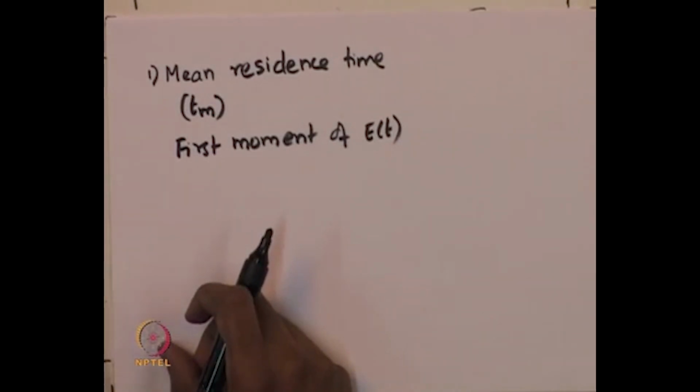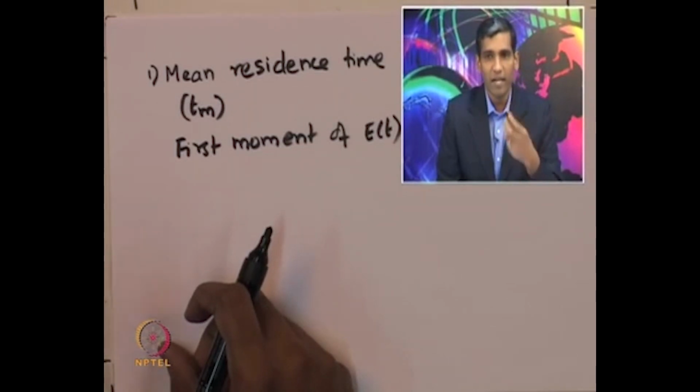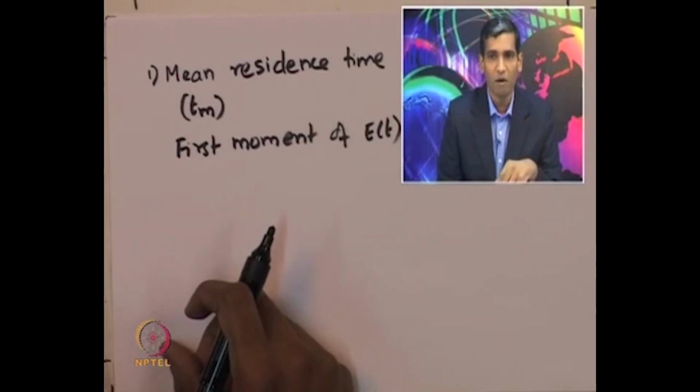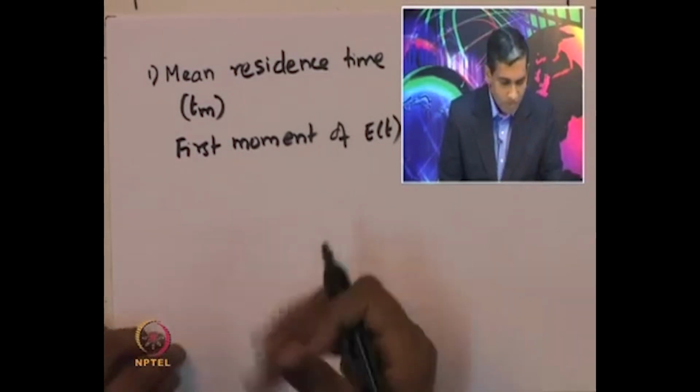E of t is actually a distribution, and that distribution can be used to decipher some of the properties of the distribution itself and some of the properties of the reactor system. For example, mean residence time is an important property that is used to control various things in the system.